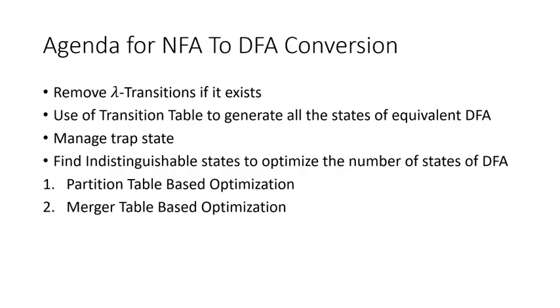It might happen that a trap state, that is a phi state, appears while converting NFA to DFA. We have to manage that trap state also. And the last thing in the conversion: it might happen that unnecessary states are generated. In that case we have to minimize the states. There are actually two methods used: one is the partition table and another is the merger table.